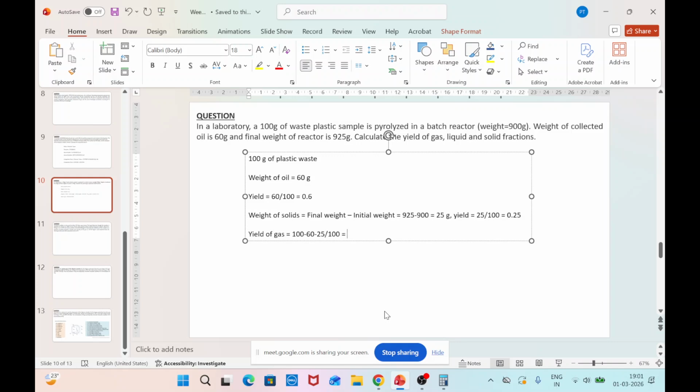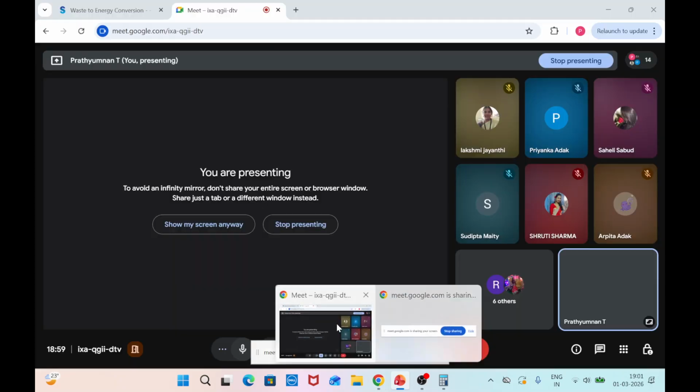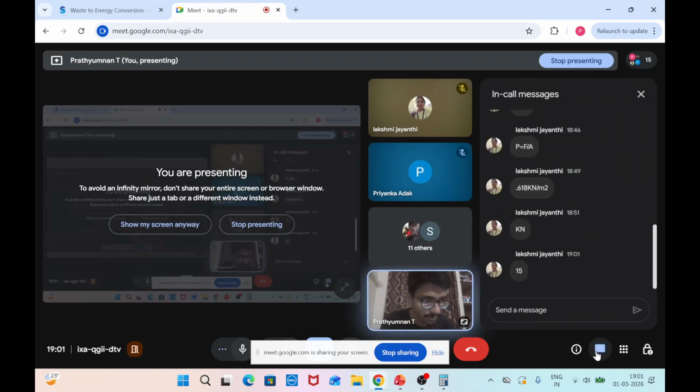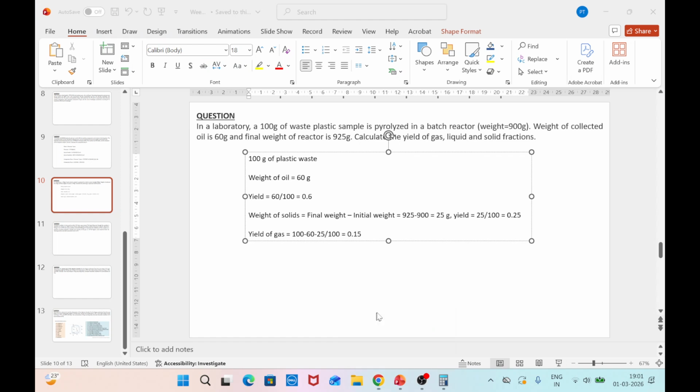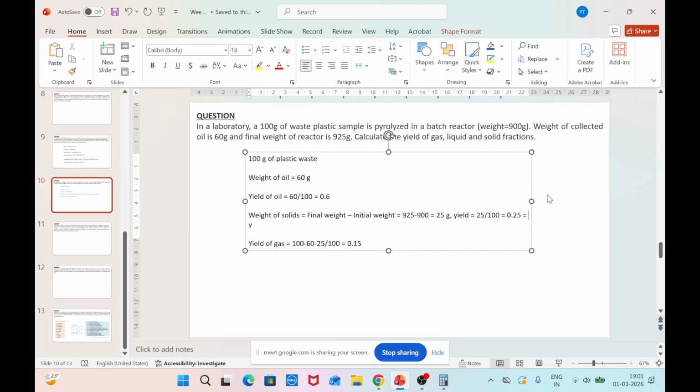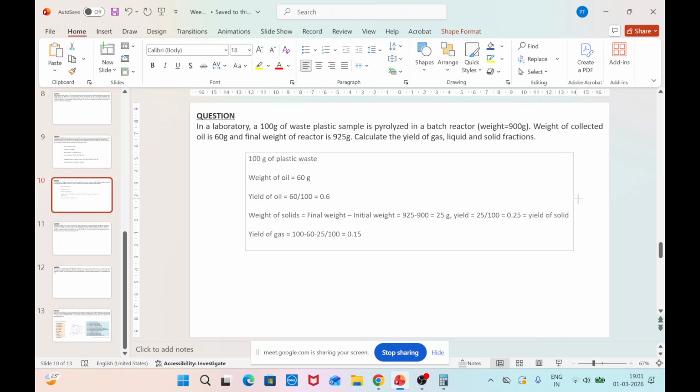So that would be 0.15, that is 15 grams. So yield of oil is 0.6, yield of gas is 0.15 and yield of solid is 0.25.